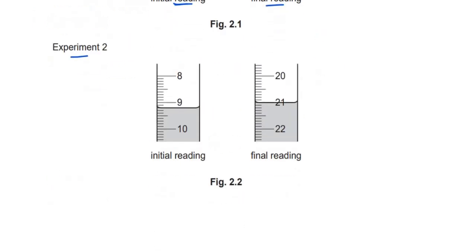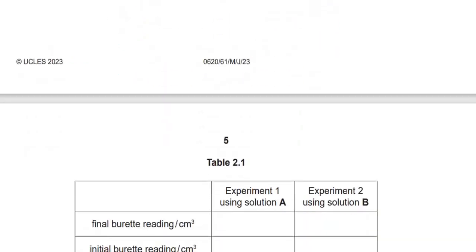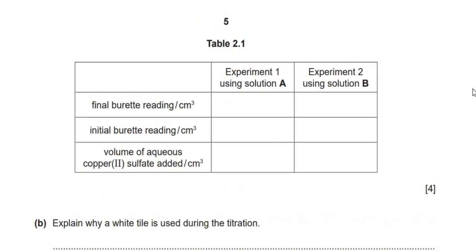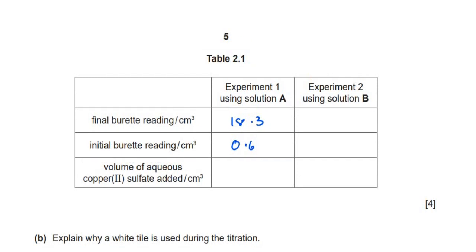For experiment 2 it is 9.2 and exactly 21.0. So let's go ahead and fill up the table. For experiment 1 the initial reading was 0.6 and 18.3, and for experiment 2 it was 9.2 and 21.0 exactly, the final burette reading.